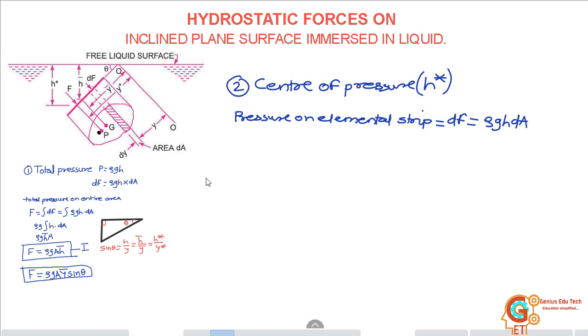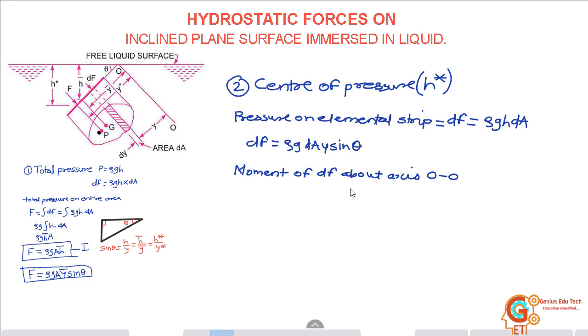But again, looking at this figure, for h we can substitute y sine theta. So dF becomes rho g dA y sine theta.